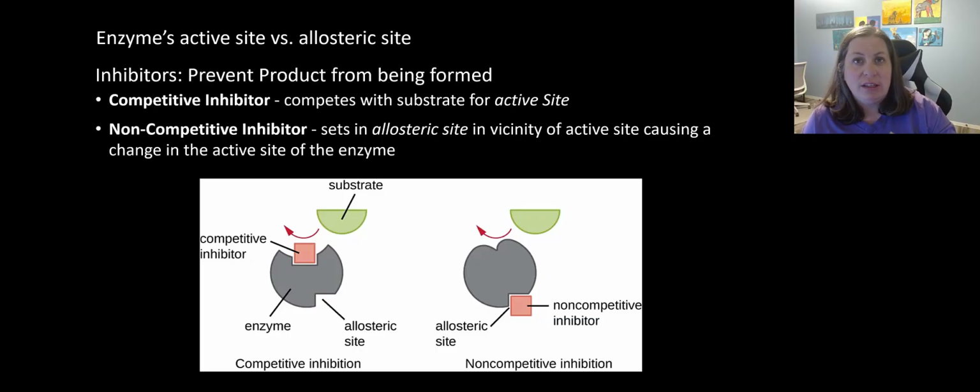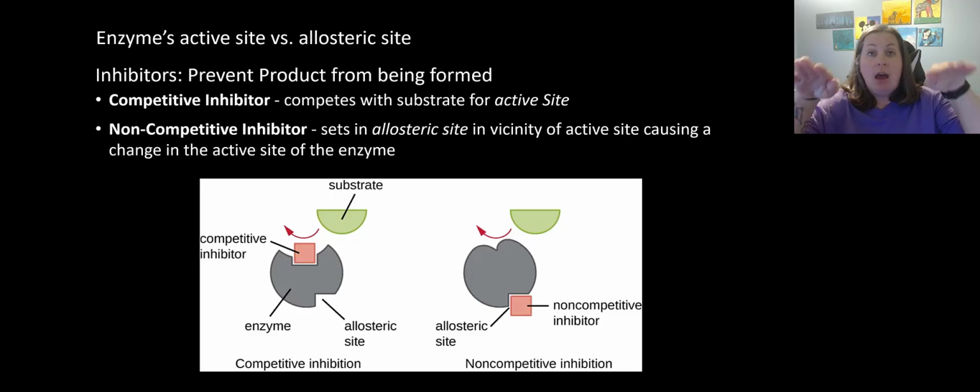A non-competitive inhibitor is going to be where it connects to an allosteric site. It's not actually taking up the active site, but because it binds, it changes the shape of the enzyme, and now the active site can't be used. So this, going back to my analogy with the parking lot, this would be like if you were trying to park in a parking space and two big pickup trucks are parked in each side, but they're right on the line. Okay, they're right on the line both sides.